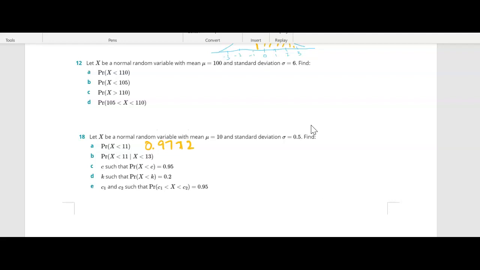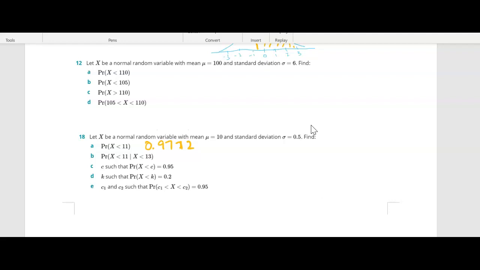You can see that's 2 standard deviations above the mean. One standard deviation being 0.5, 2 standard deviations would be 1. So 11 is 2 standard deviations above the mean.